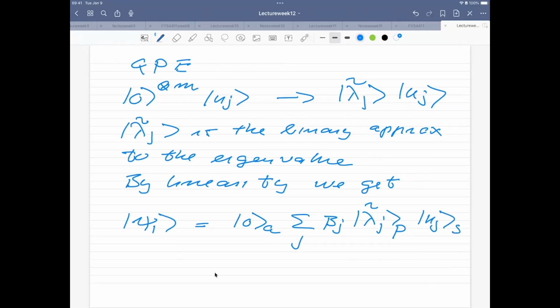And each eigenvector u of j, which we have here, if you look at these eigenvectors, is now entangled with its corresponding eigenvalue register. So these two are now, through the operations which we have done, entangled. So let me just quickly remind you of that by looking back at the slides which we had.